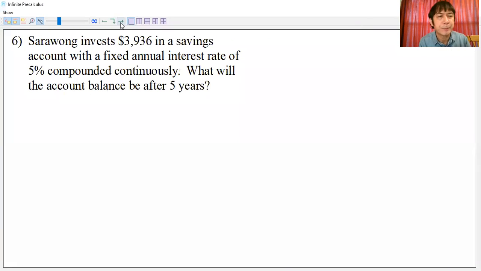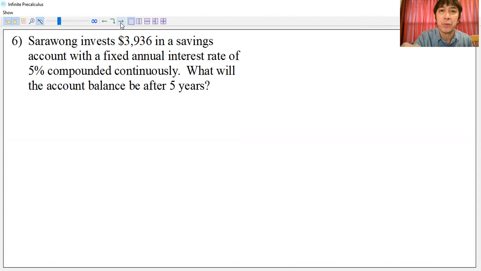Okay, here's the next. Let's read the problem. Sarawong invests 3,936 in a savings account with a fixed annual interest rate of 5% compounded continuously. What will the account balance be after 5 years? This time, this is continuous compounding.